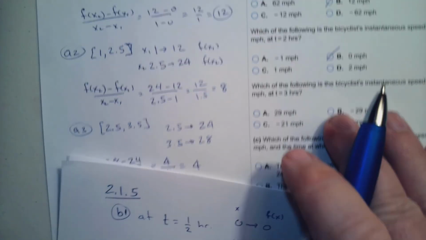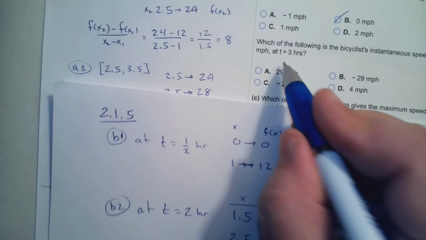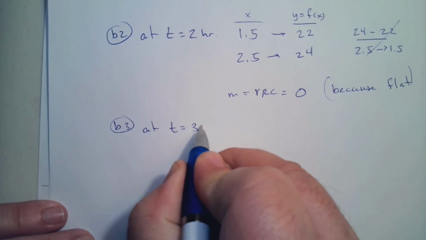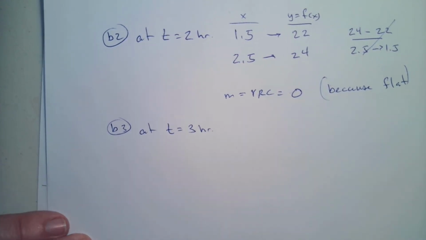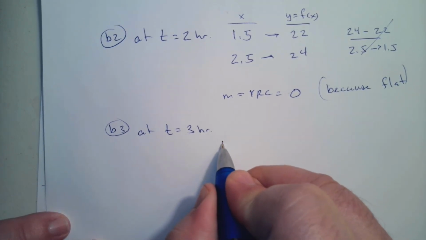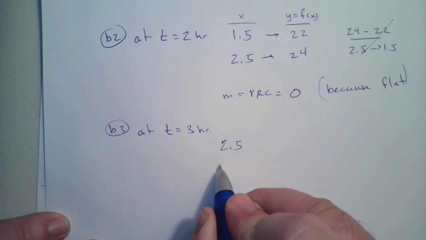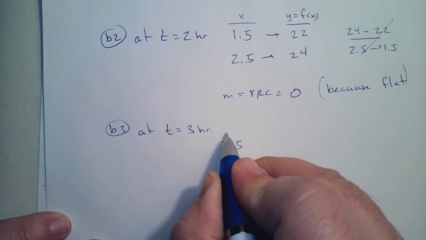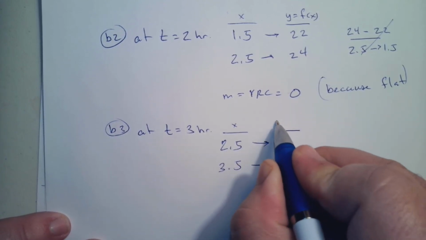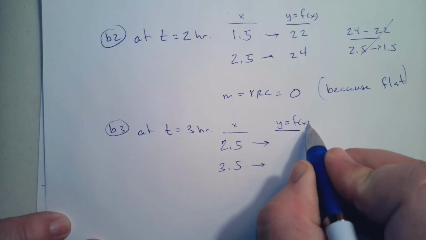Now at the third one, we're looking at 3 hours. So let's look at 2.5 and 3.5. This is the x. This is the y, or the f of x.